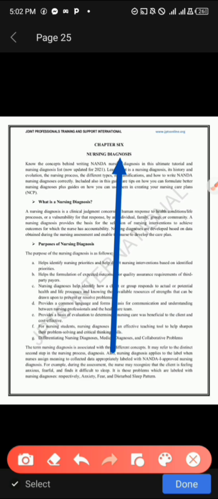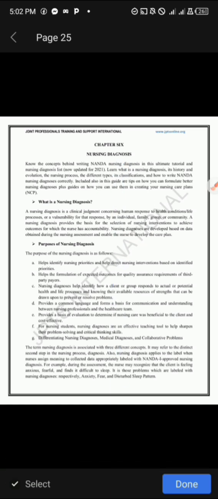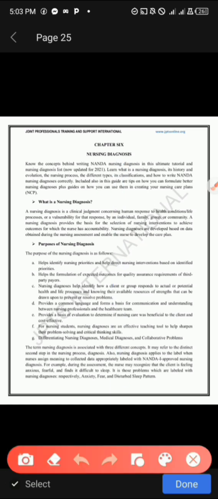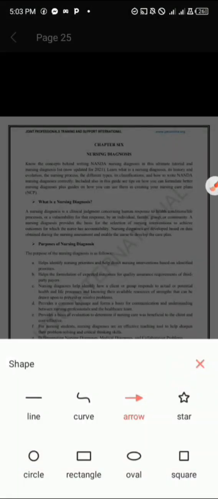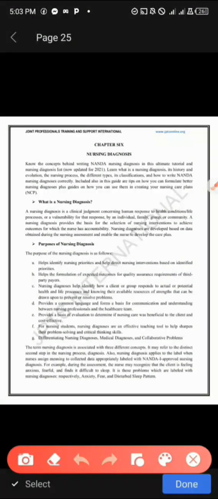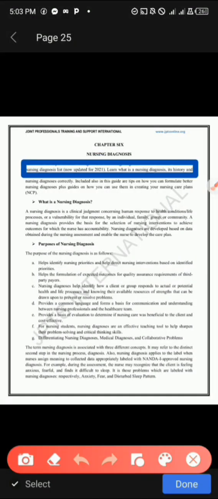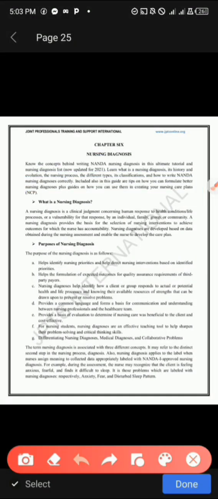Know the concept behind written NANDA nursing diagnosis, in this ultimate guide and nursing diagnosis list, now updated for 2021.